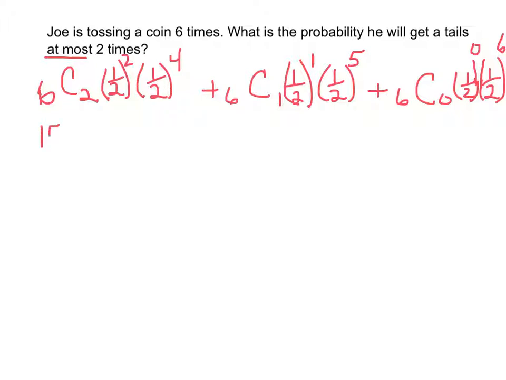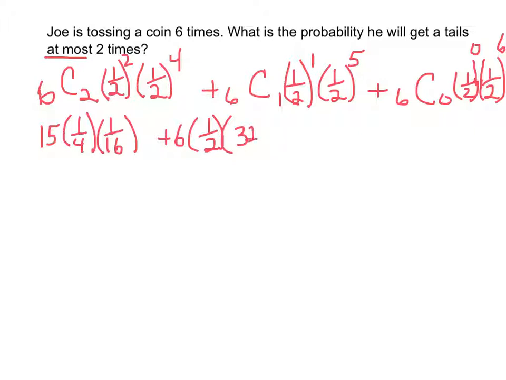And then again, we just do all the math. So we've got 15 times 1/4 times 1/16 plus 6 times 1/2 times 1 over 32, my apologies, plus 1 times 1 times 1 over 64.